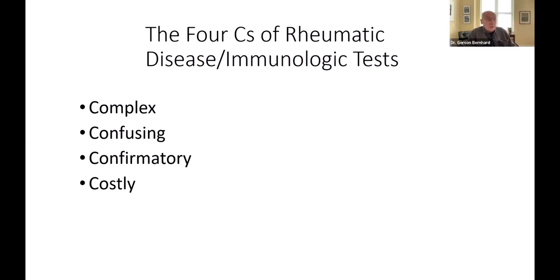The same could be said for certain endocrine testing, such as thyroid. This is not generally true, with a few exceptions that I'll go into a little bit later, for any of the immunologic tests that we use for rheumatic diseases.